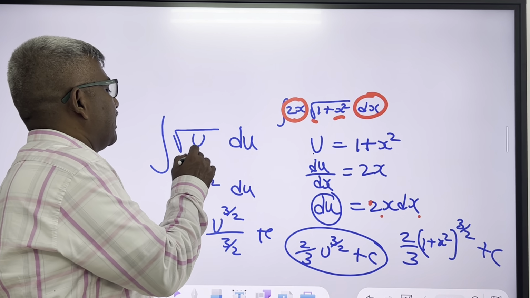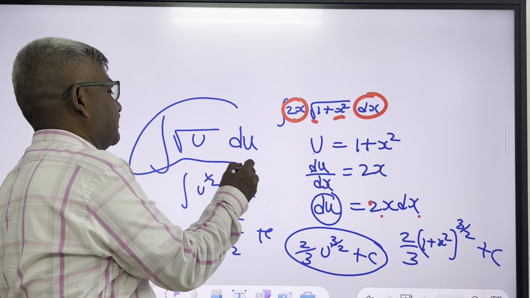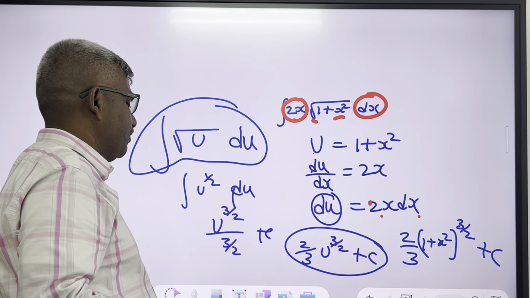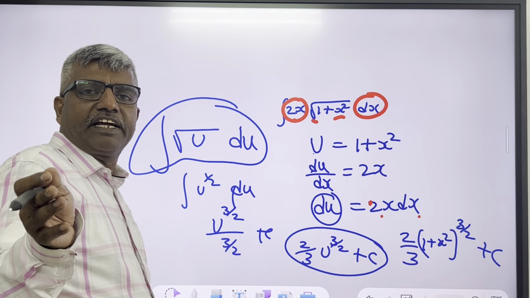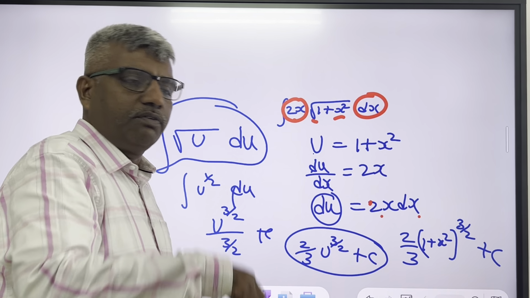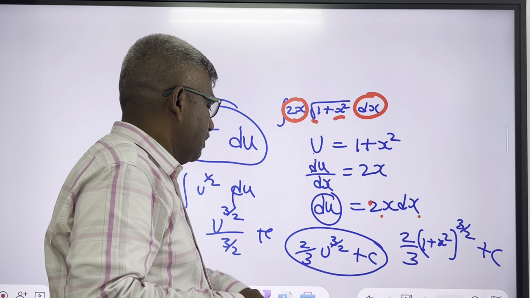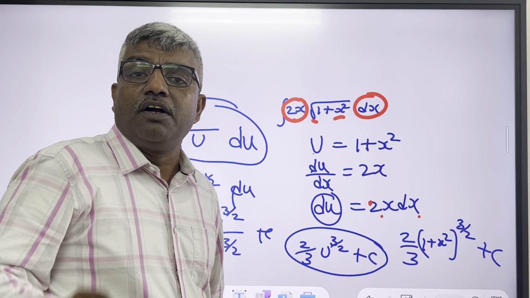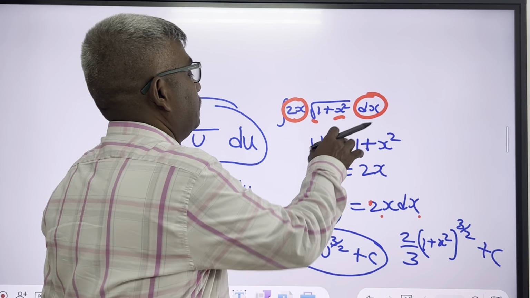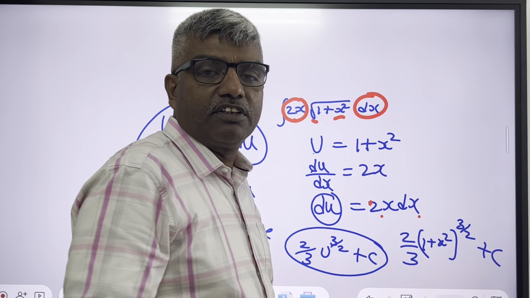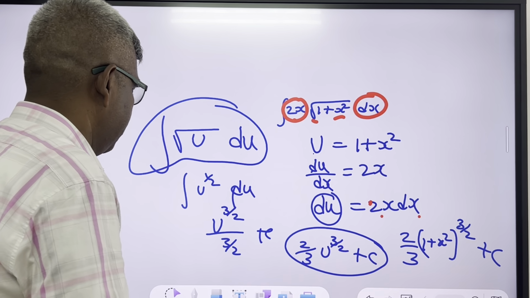Now you see there is no x inside, everything is u only. Then u power 1 by 2 du, if you integrate, u power 3 by 2 over 3 by 2. Then 3 by 2, if you bring it to the numerator, it is 2 over 3 u power 3 by 2 plus c. You replace u with 1 plus x squared: 2 over 3 times 1 plus x squared power 3 by 2 plus c.